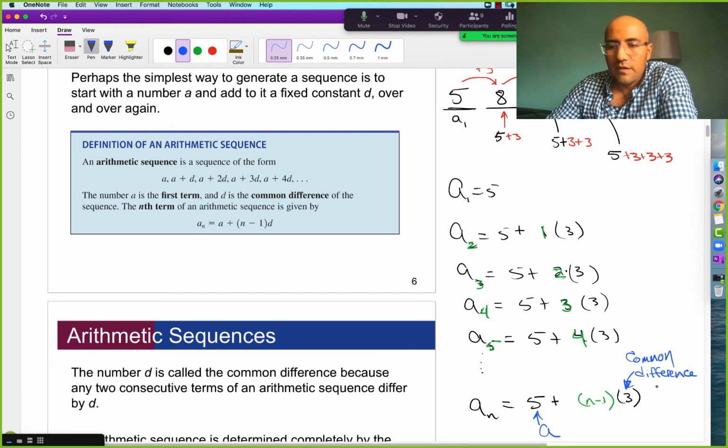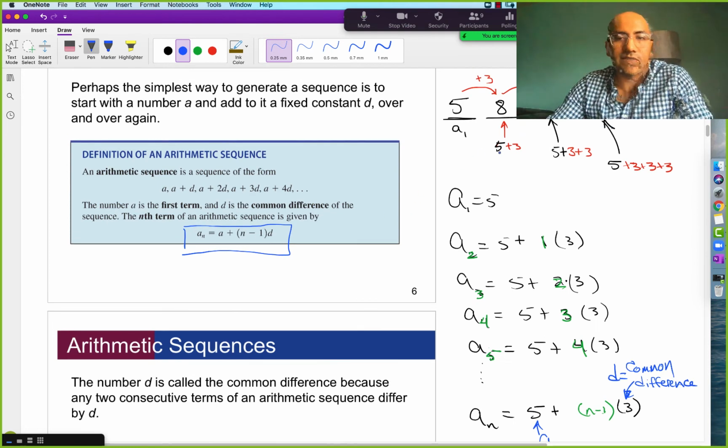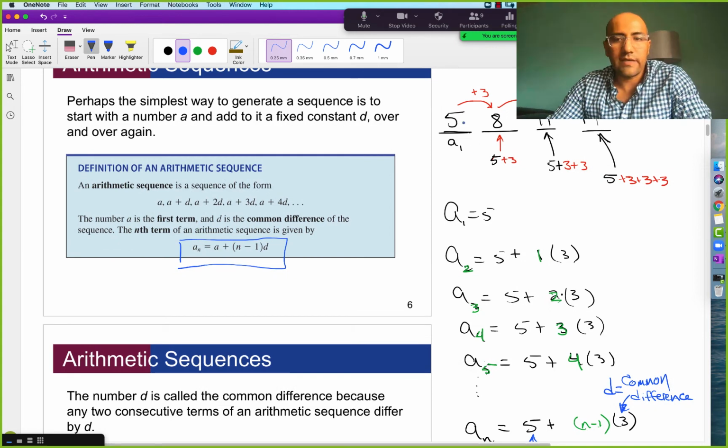And we often use the letter D. So in general, we get this little formula right here. A is that initial amount. In my little example, A was equal to 5, and the common difference D is this 3. I'm always adding 3 every time.